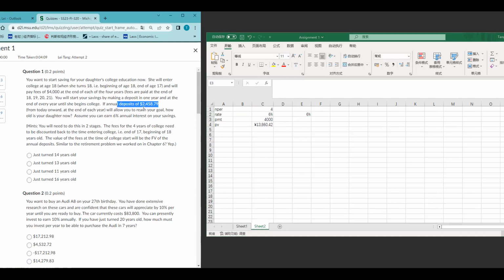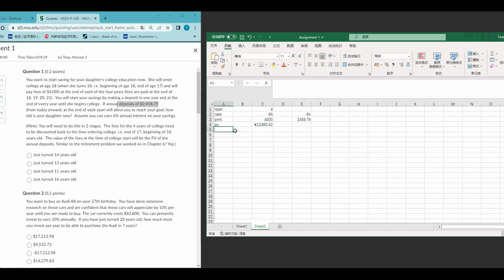We deposit 2,458, so it's going to be 8.96, and the NPER is what we need to know, how many years we're going to take to finish the goal.